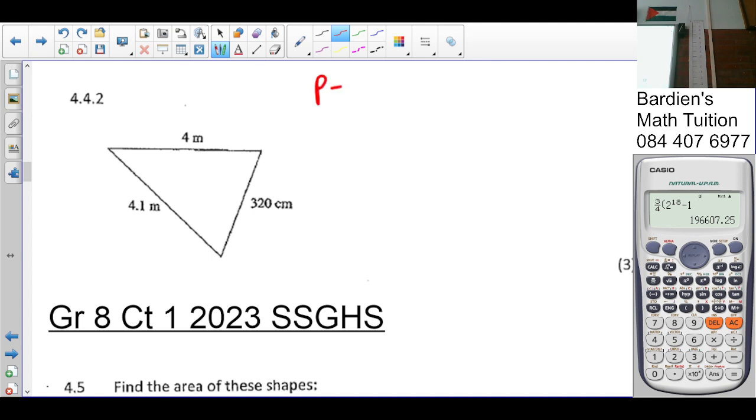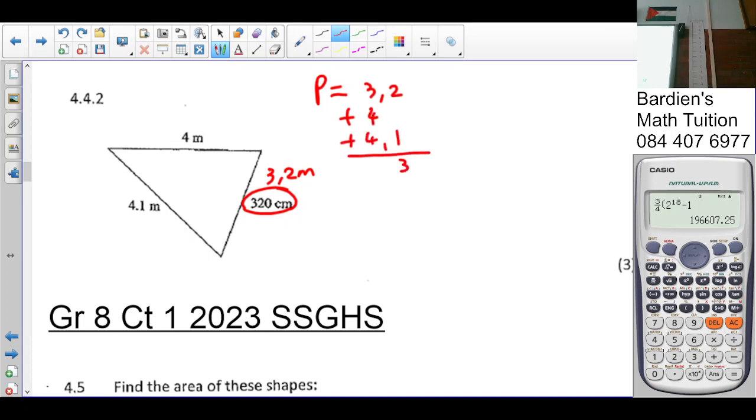Perimeter here. As you can see, the SI unit is not the same. So I will convert that rather to meters, or I could have converted everything else to centimeters. There are 100 centimeters in the meter, so I divide it by 100, I get 3,2 meters. So it's going to be 3,2 plus 4 plus 4.1.